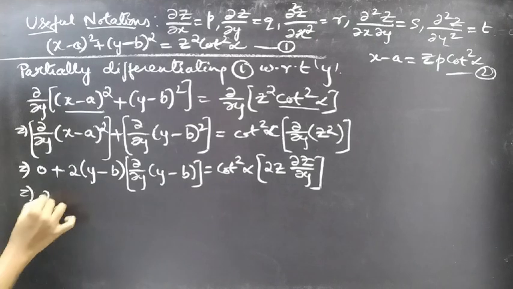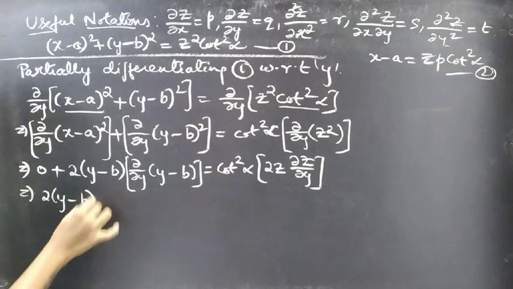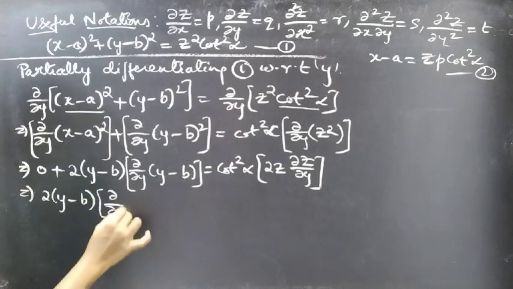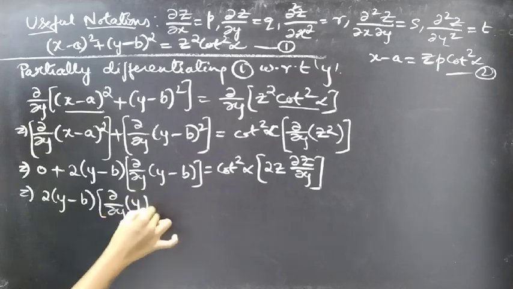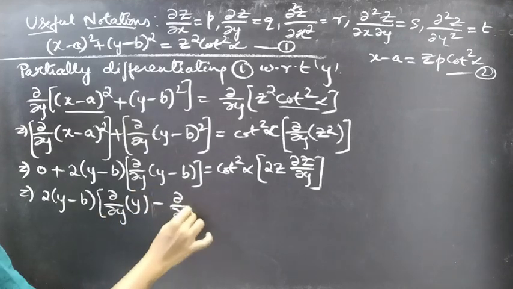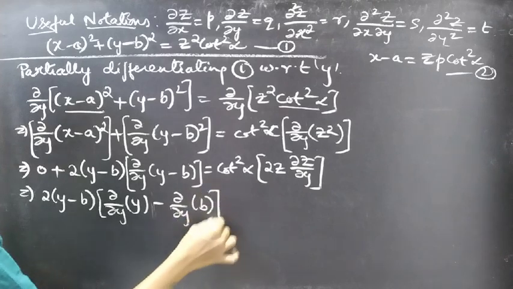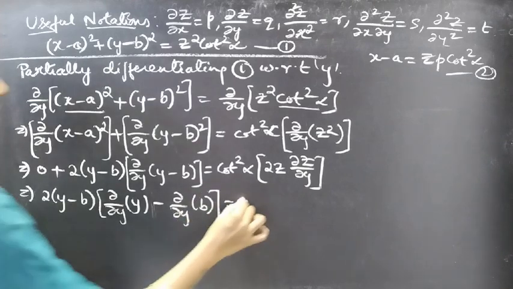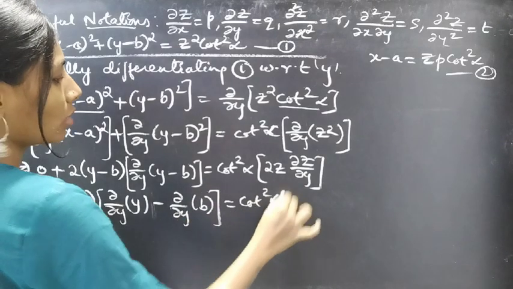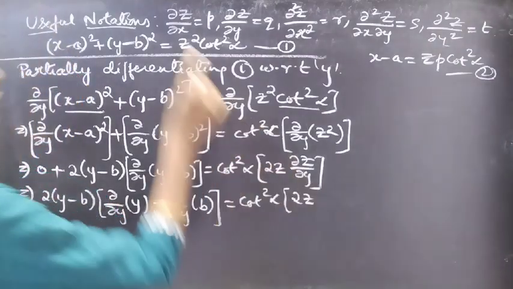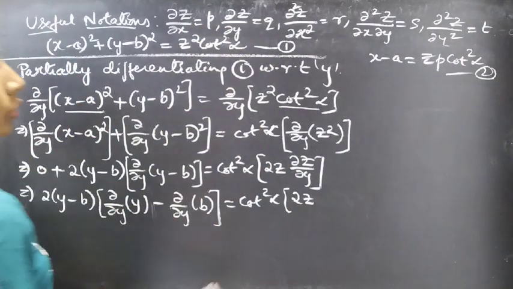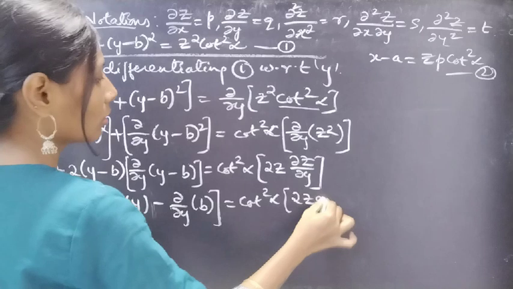This gives us 2 times (y minus b) into the partial derivative of y with respect to y, minus the partial derivative of the constant b with respect to y, equal to cot square alpha into 2z. We have a notation dou z by dou y equal to q, so we'll just replace it with q.